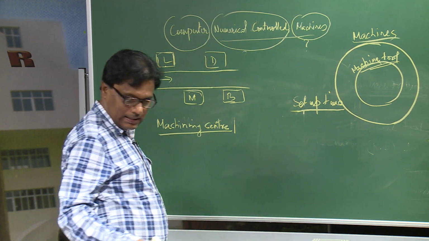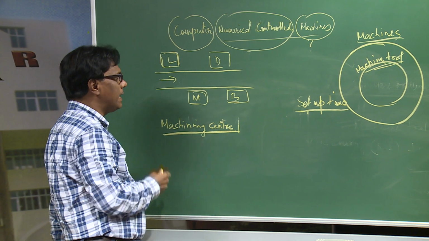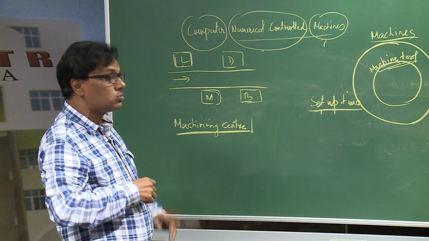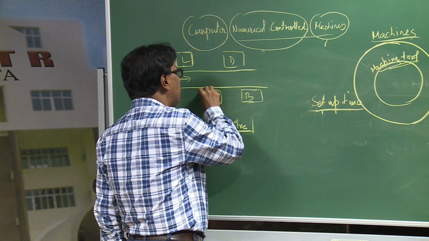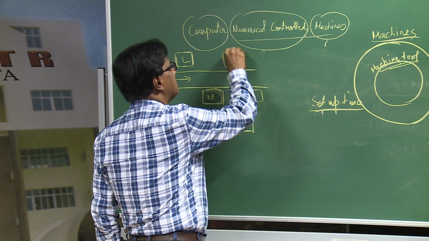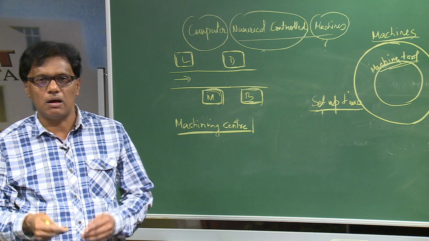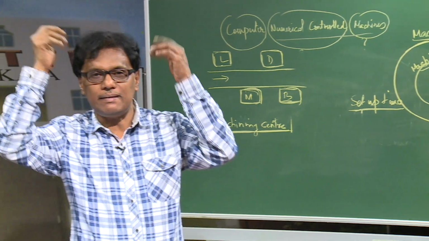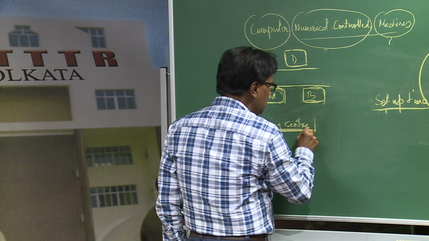The solution is whether any machine is available where, of course not all, but most of the functions of milling machine, drilling machine and boring operations can be done in a single setup. Yes, this type of machine is called a machining center.